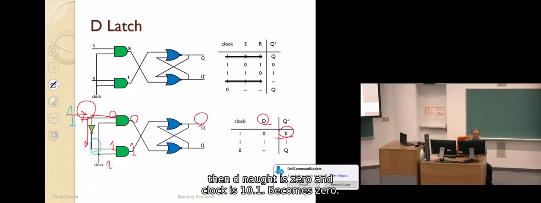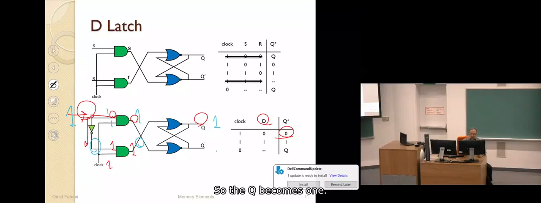So 0 and 1 becomes 0. Here we have 1 and 1 becomes 1. So we have our famous S and R, our small s and r as 1, 0. So it means set. So the Q becomes 1. Okay? So the two things that I wanted to set or reset, I did.